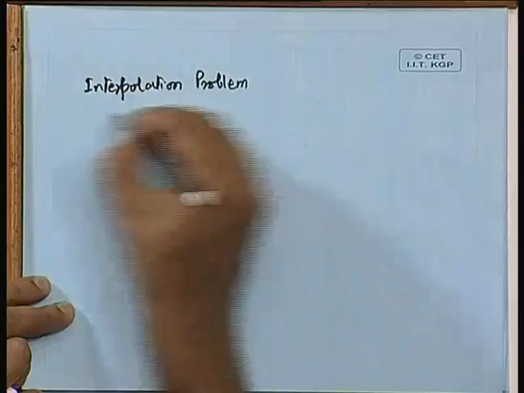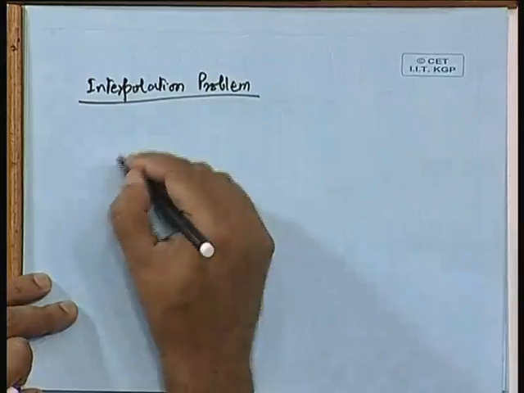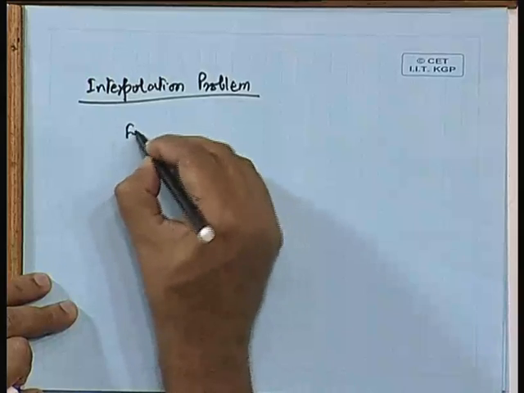The whole problem is an interpolation problem, and in order to formulate that interpolation problem in a nice mathematical way, we define a feed forward network. So, we talk about the interpolation problem now, and there we take a feed forward network.